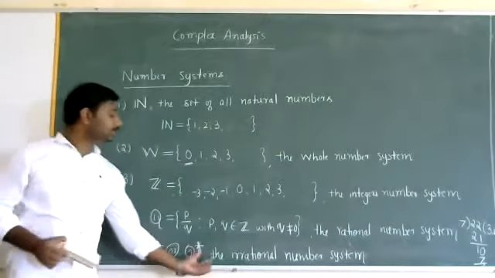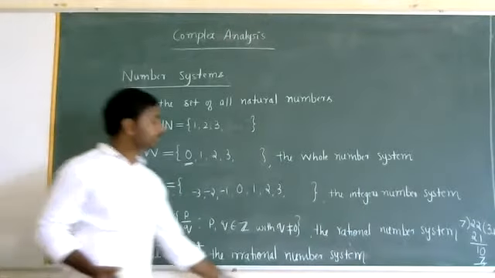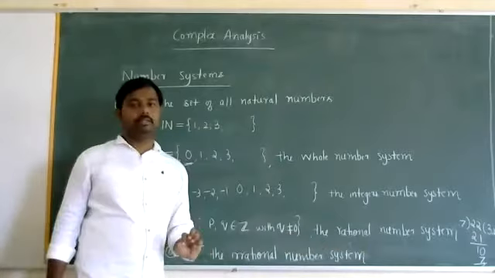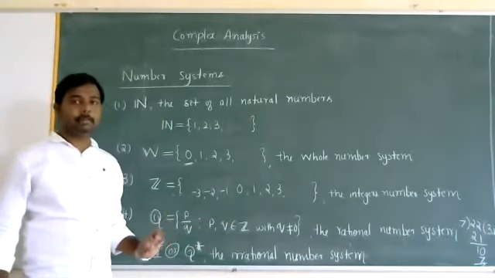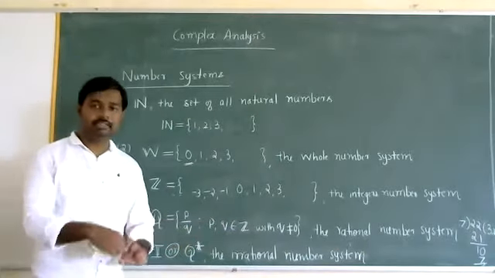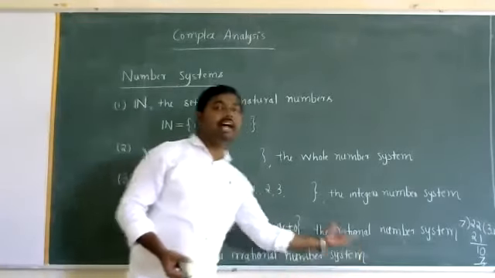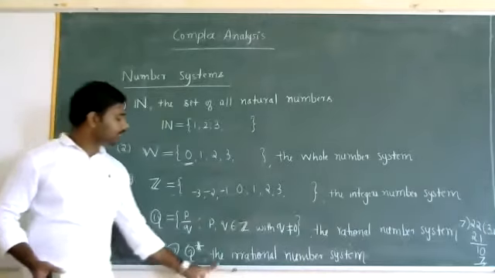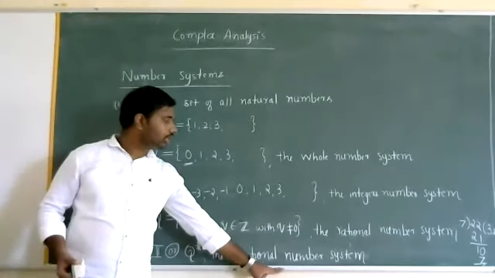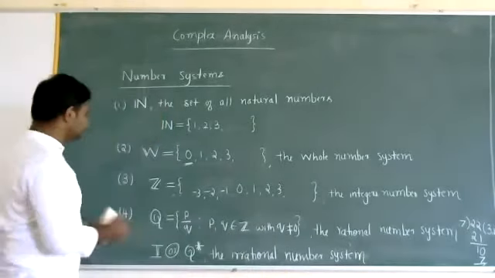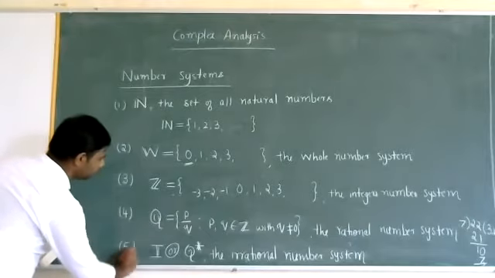This number system consists of all numbers which are not rational numbers by their decimal representation. By writing its decimal representation, we distinguish that number from rational numbers and put it under the irrational number system. The next number system is the fifth one.